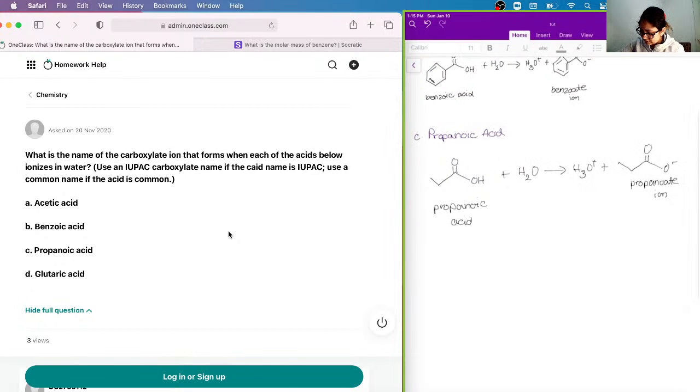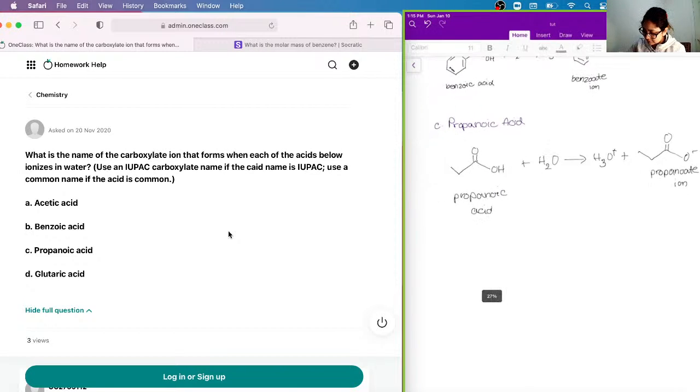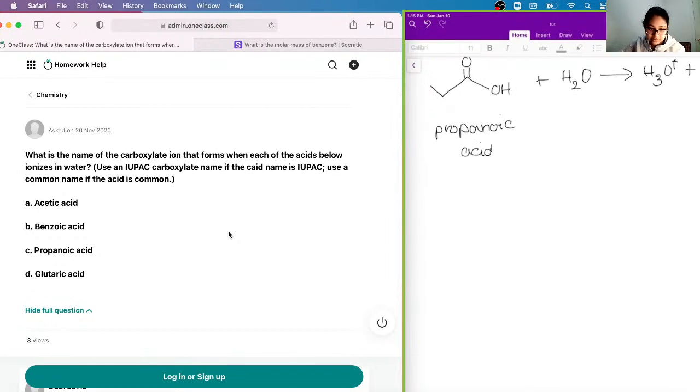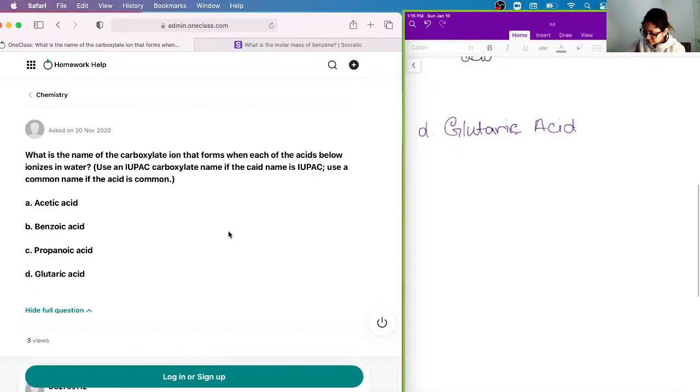The next one, the last one, is glutaric acid. Glutaric acid looks like this.